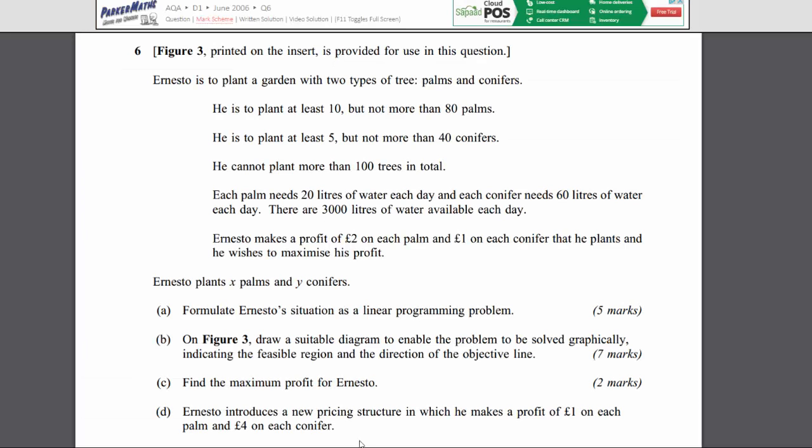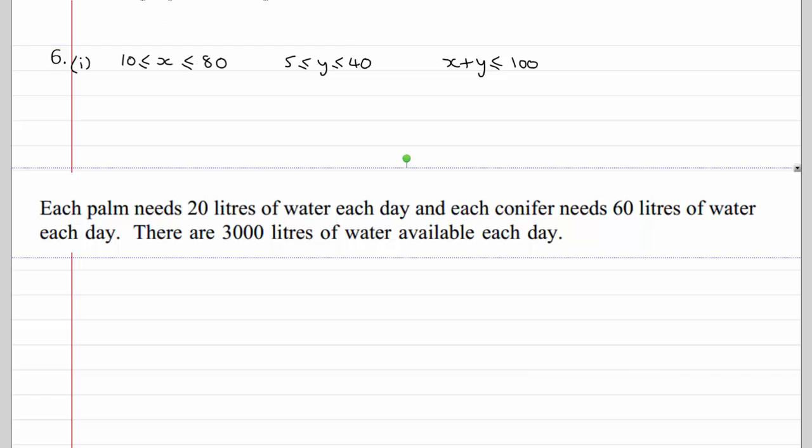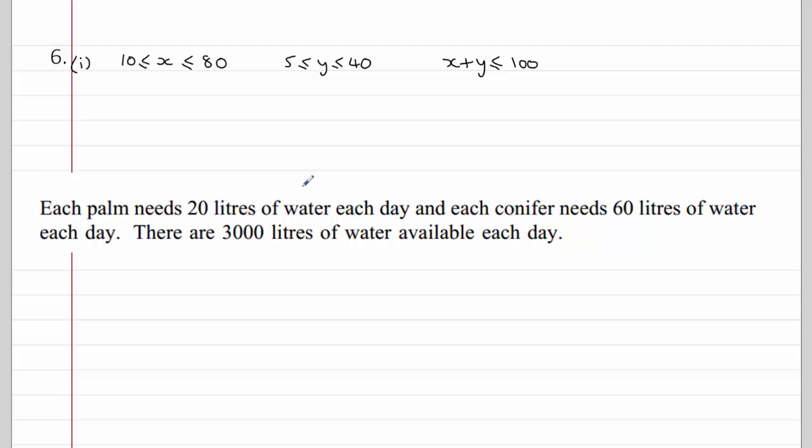The next one is a little bit more challenging. We're told that each palm needs 20 litres of water each day and each conifer needs 60 litres of water each day, and there are a total of 3,000 litres of water available. If it's 20 litres for one palm and we have x palms, the total for the palms will be 20 multiplied by x. The total water required for the conifers, if it's 60 for one, will be 60y.